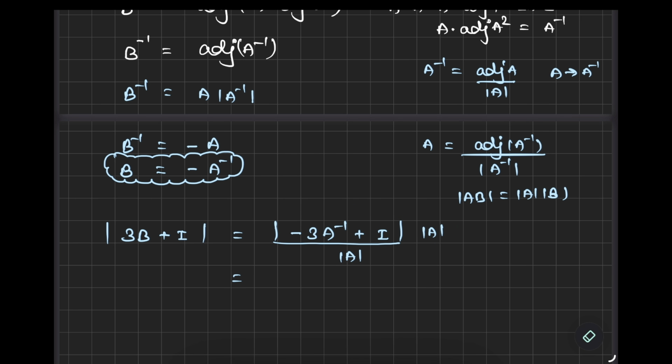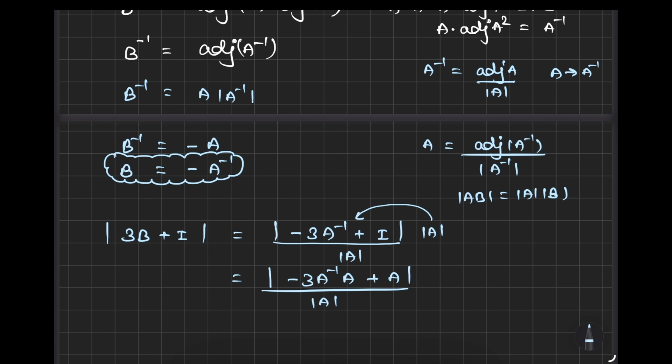Okay, so we will multiply this. So we can write down this thing as this into this. So it will look like what? 3 times A inverse, and then A plus I, into A, and then determinant upon determinant of A.